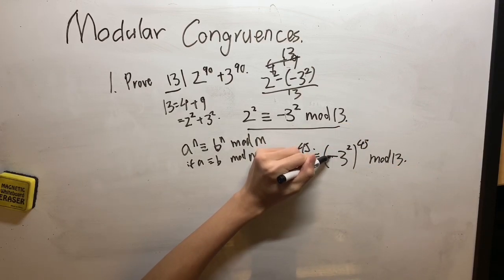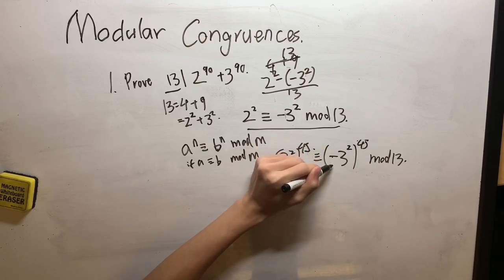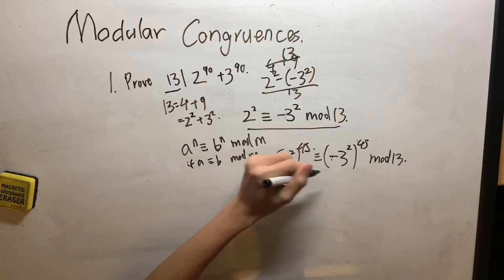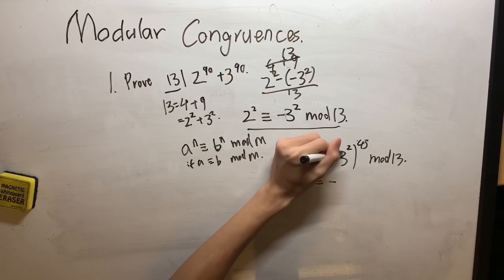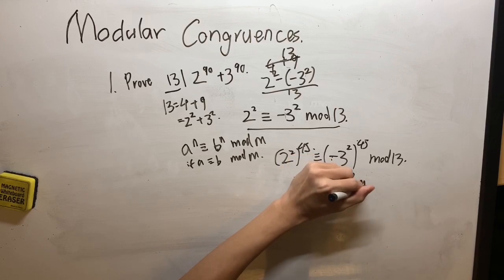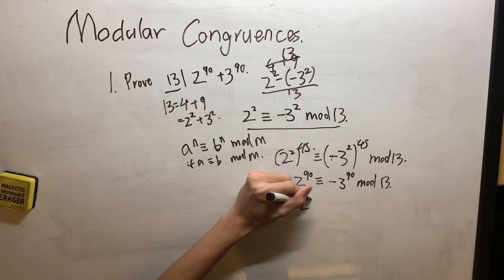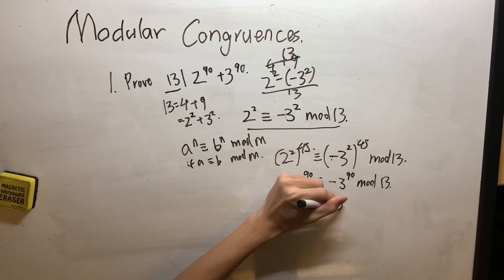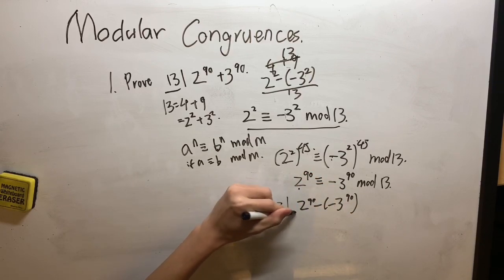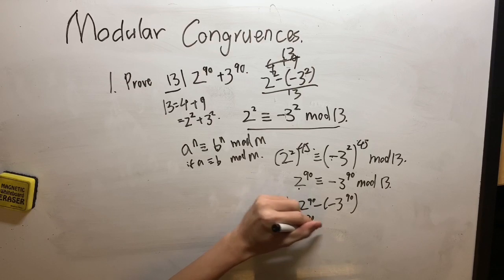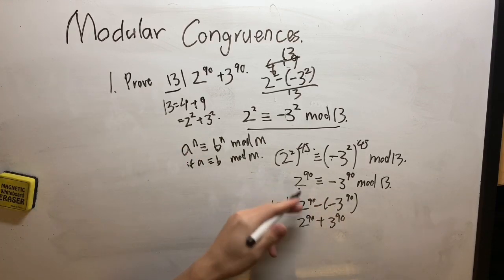However, a negative number to an odd exponent will still be a negative number. So 2 to the 90 is congruent to negative 3 to the 90 mod 13. Thus, this means that 13 divides 2 to the 90 minus negative 3 to the 90, which is 2 to the 90 plus 3 to the 90. And we prove this question by using congruences.